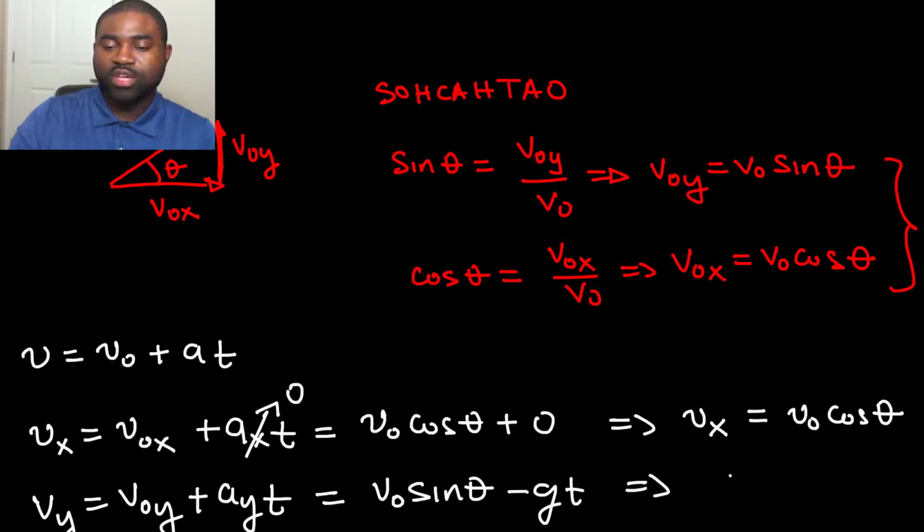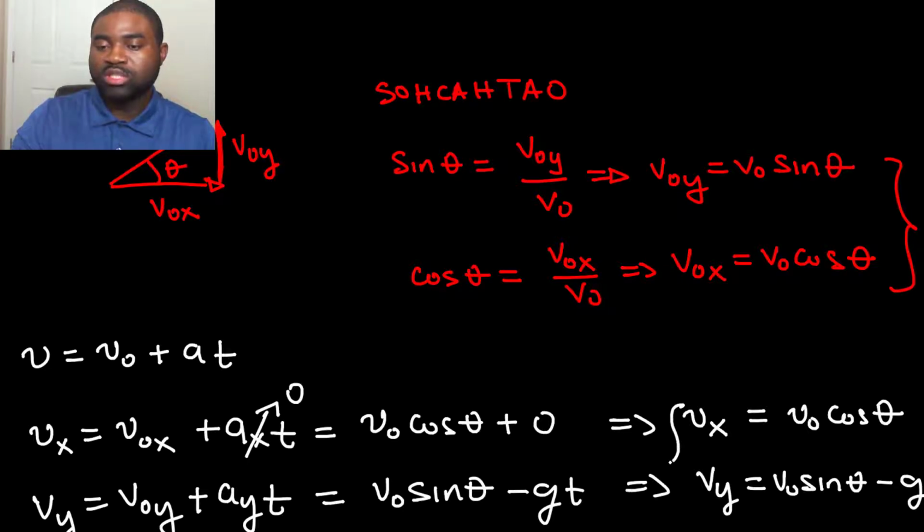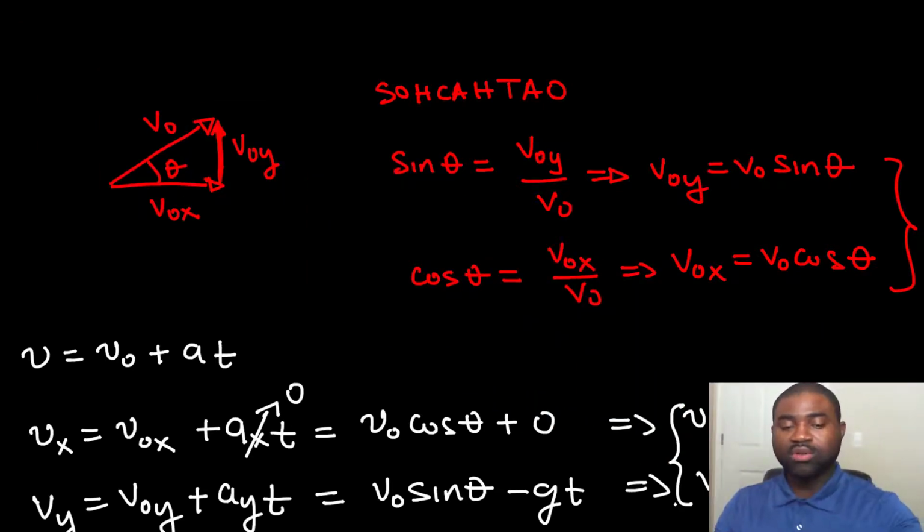So what we are seeing is that vy is equal to v0 sine theta minus gt. So these are the first two important equations that you have to write down. It's important. Now the next will be the positions in the x and in the y directions.